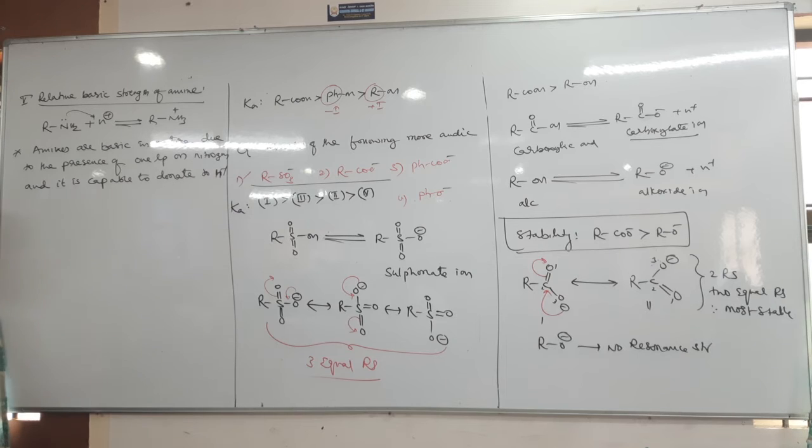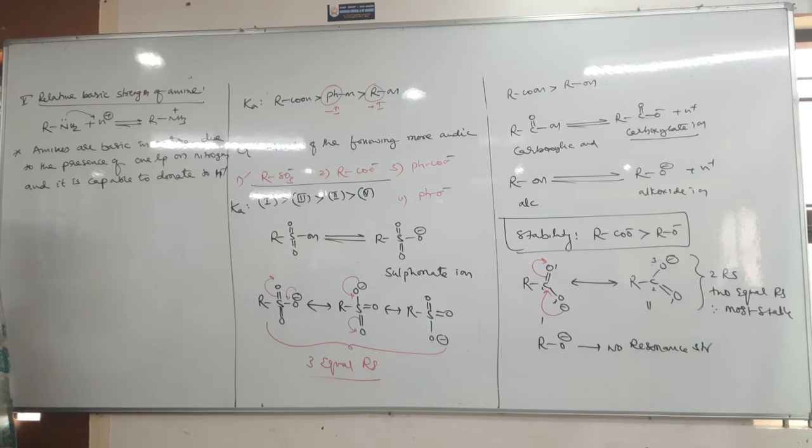So it is capable to donate to the H plus ion. Okay. So therefore amines are basic in nature due to the presence of one lone pair on the nitrogen atom, and it is capable to donate to H plus like this. Okay, it is the reason for the basic nature of all amines.